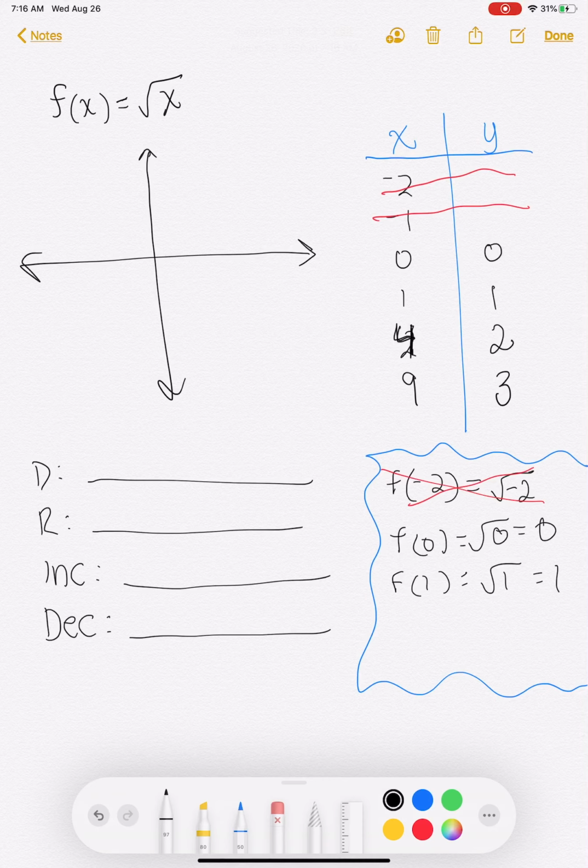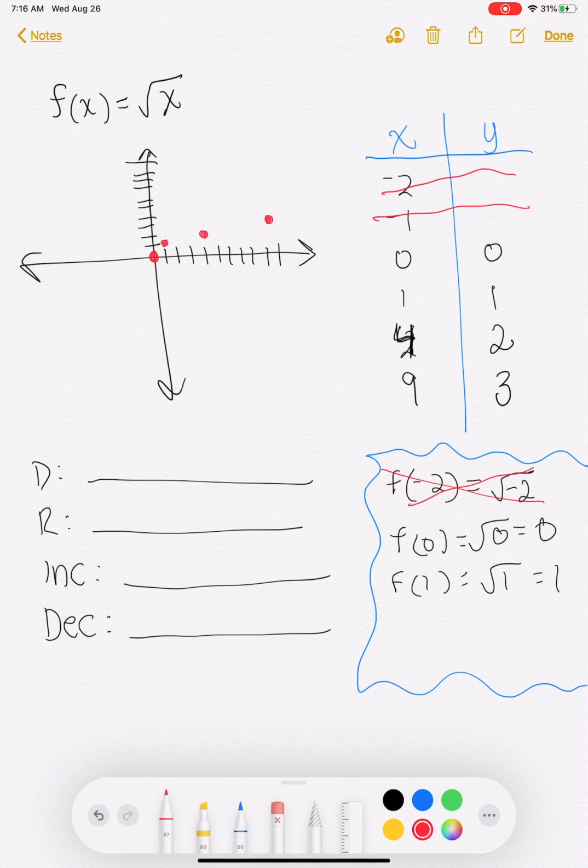Let me go ahead and make my tick marks. Okay, so I have a point at 0, 0. I have a point over 1, up 1. Over 4, up 2. Over 9, up 3.